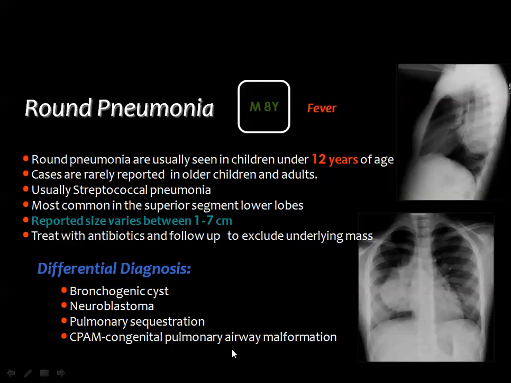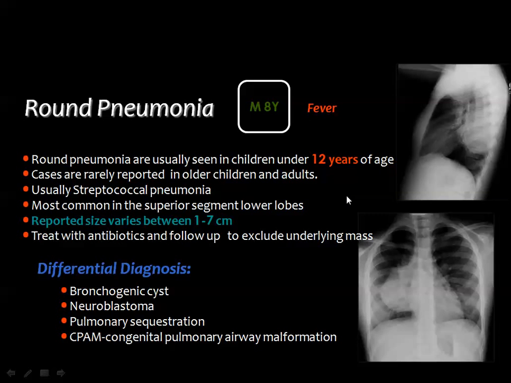Then you remember that one of the differential diagnoses of pulmonary nodules and masses in the pediatric age group is round pneumonia, especially if you have a positive finding of infection. You know that round pneumonia is usually seen in children under the age of 12 years.